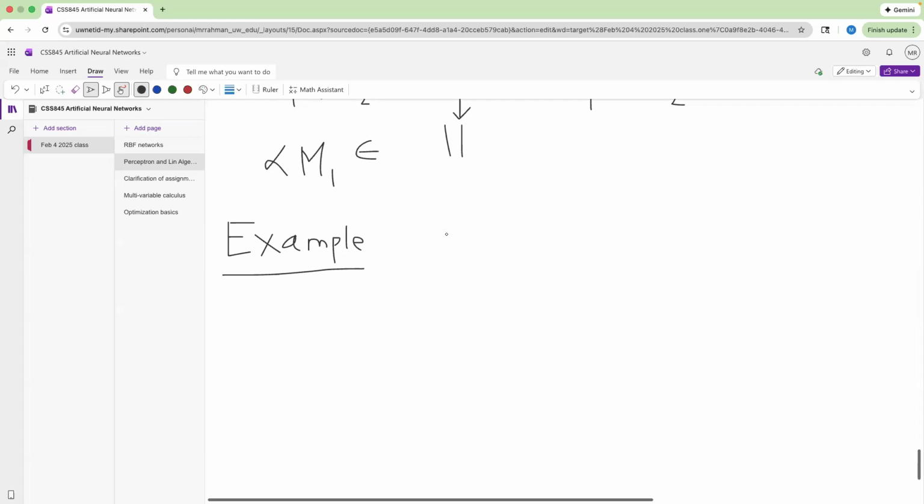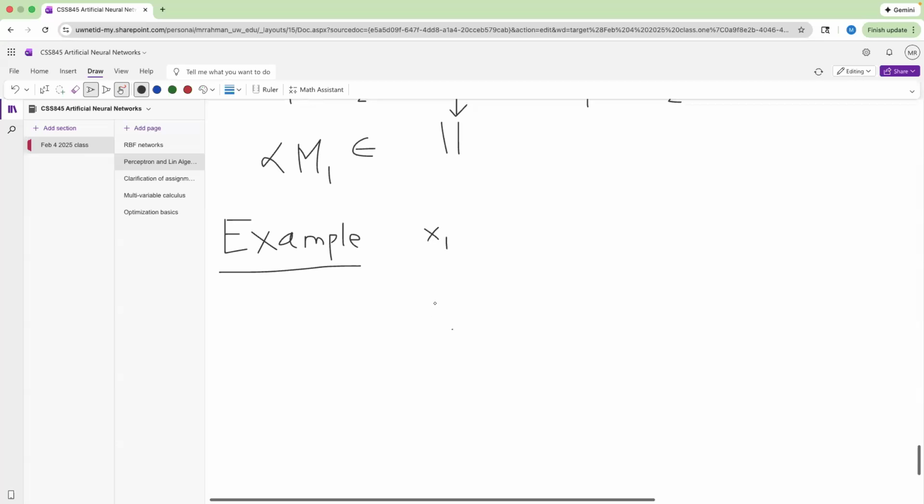Let's say we have a two-dimensional input, x1 and x2, and then we have two nodes here.